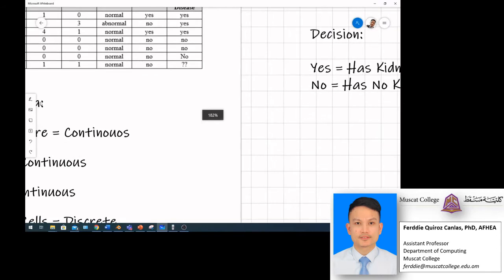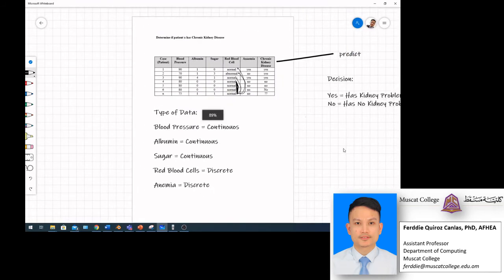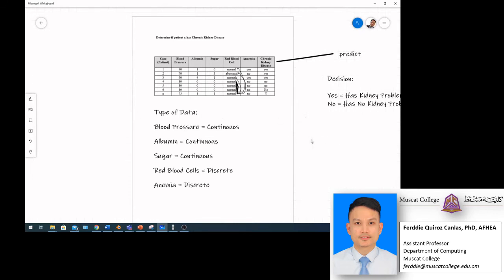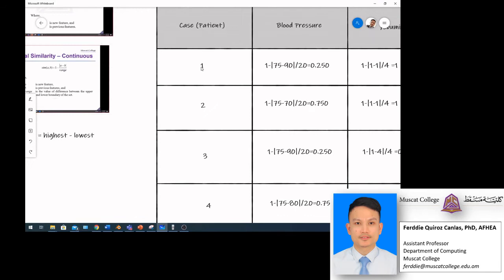Look at this. This is our new case. Normal, same, right? Not the same, so this is 0. This is the same, and so on and so forth. So we will get the values 1, 0, 1, 1, 1, 1. It's very simple. Just copy this.